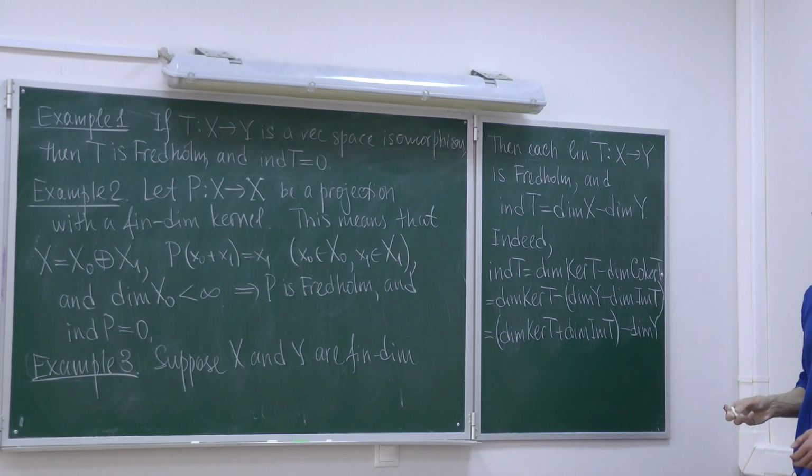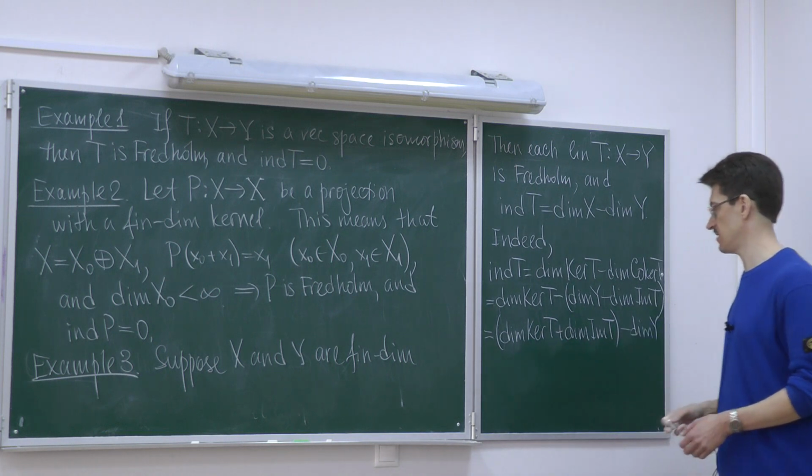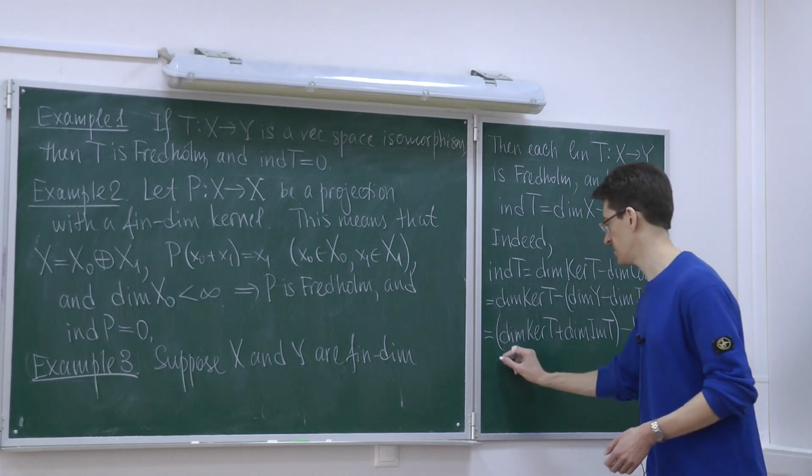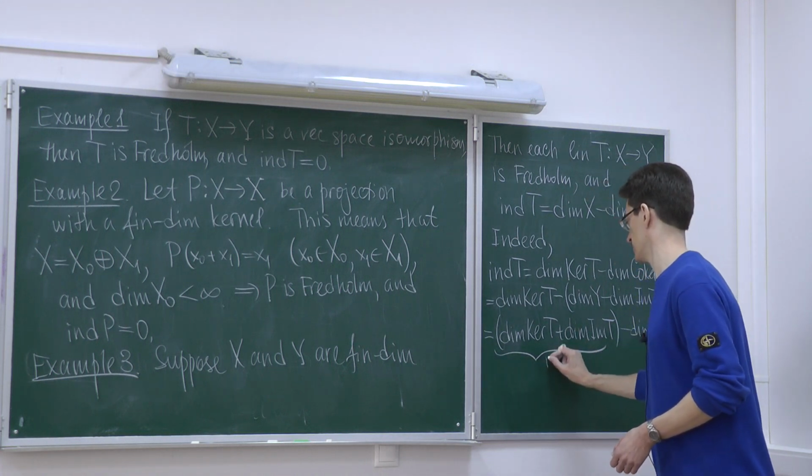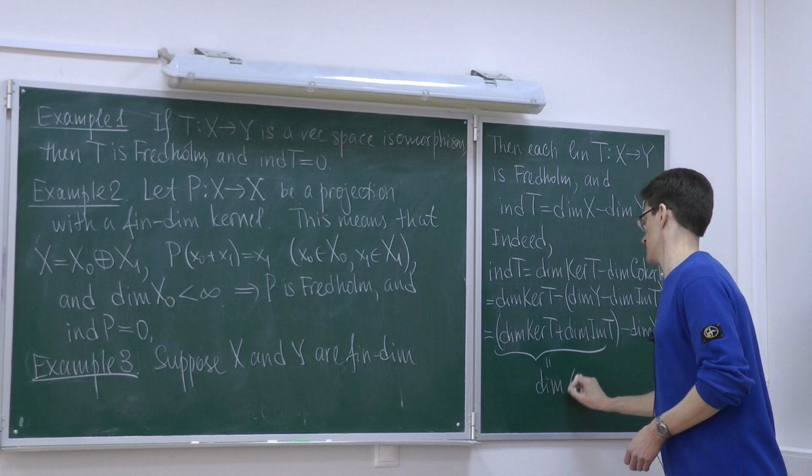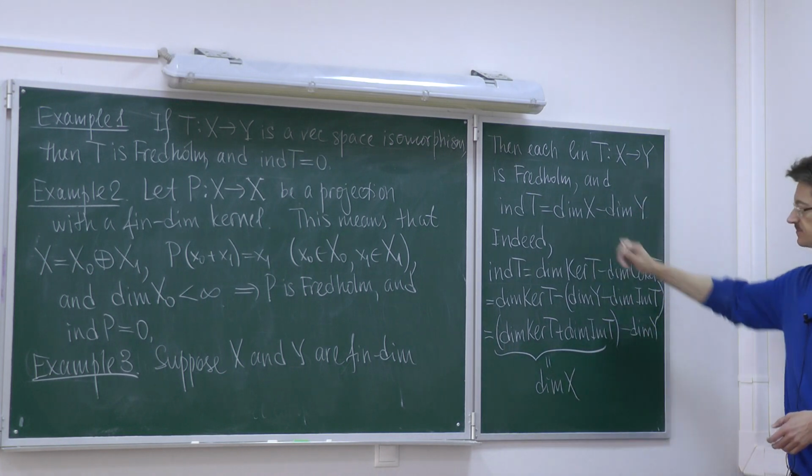And it's a standard result of linear algebra that the dimension of the kernel plus the dimension of the image equals the dimension of X. So we get this formula.